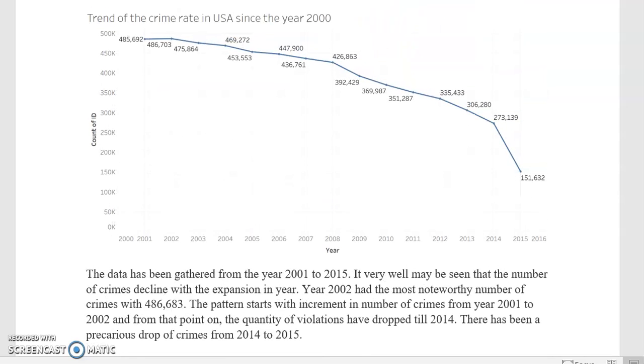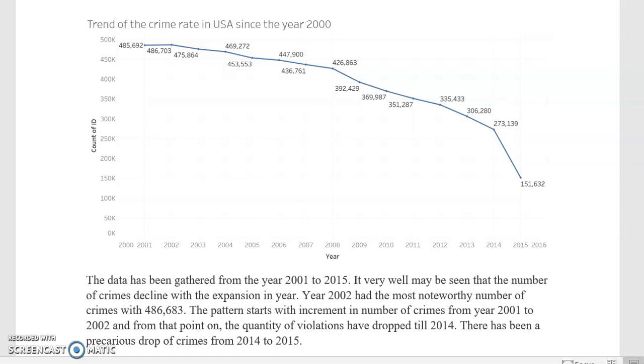Data has been gathered from 2001 to 2015. It can be seen that the number of crimes declined as the years went on. Year 2002 has the most crimes, with 486,683.